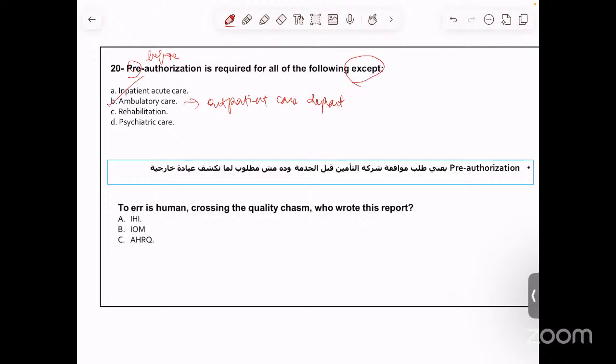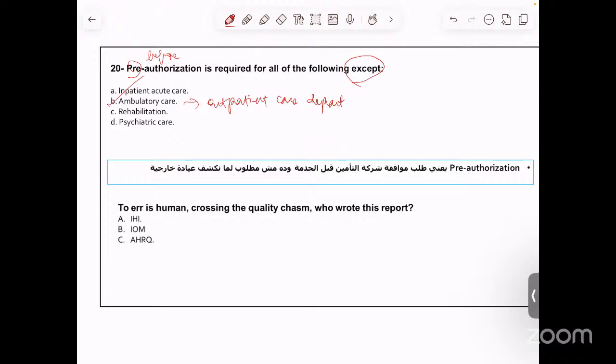While letter C, rehabilitation, also requires pre-authorization. Why? To confirm the necessity and expected outcomes of the therapy, for services like physical therapy and post-acute care. The resources are intensive and long-term, that is why it needs authorization.